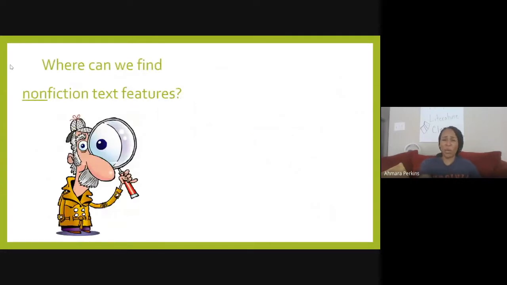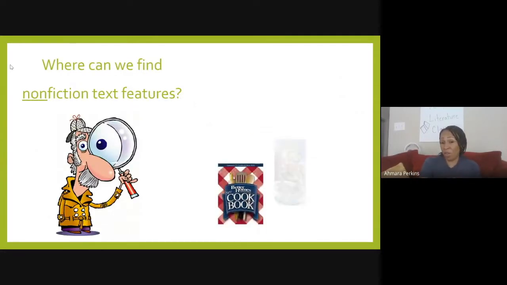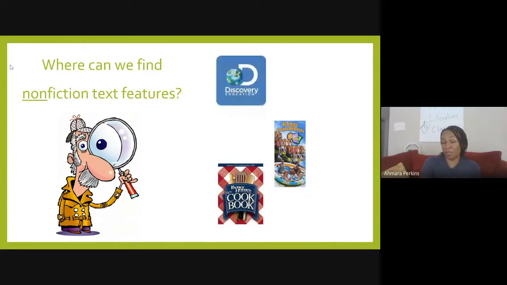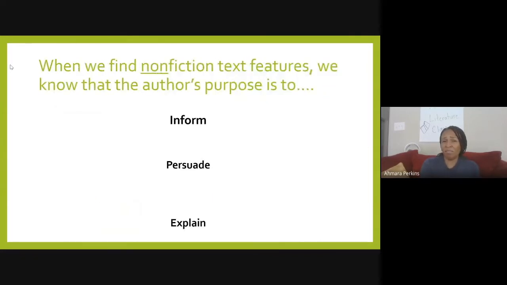So then we said, okay, where can we find these nonfiction text features? We find them in cookbooks, brochures, student textbooks, and directions to anything. So then, what's the author's purpose when writing nonfiction text?